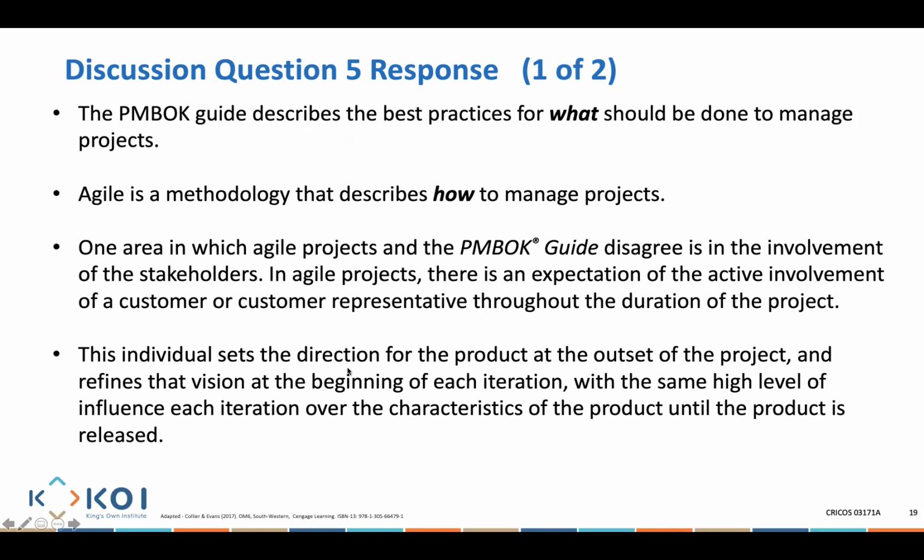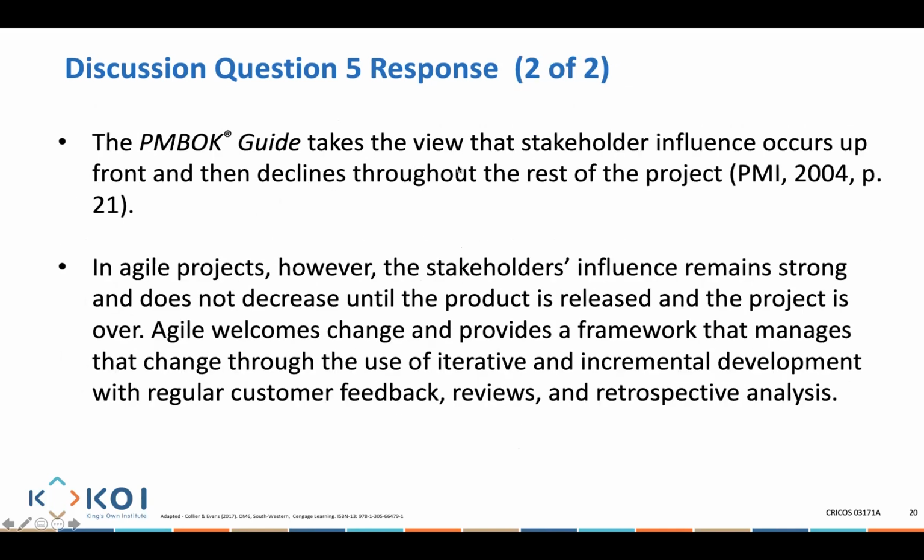In Agile, the customer sets a direction for the product from the beginning, and it keeps on refining the vision to ensure we are meeting the needs of the customer at any point of time. PMBOK takes the view that stakeholder influence occurs up front and then declines throughout the project. In Agile, stakeholder influence remains very strong, and does not decrease until the product is released and the project is over.